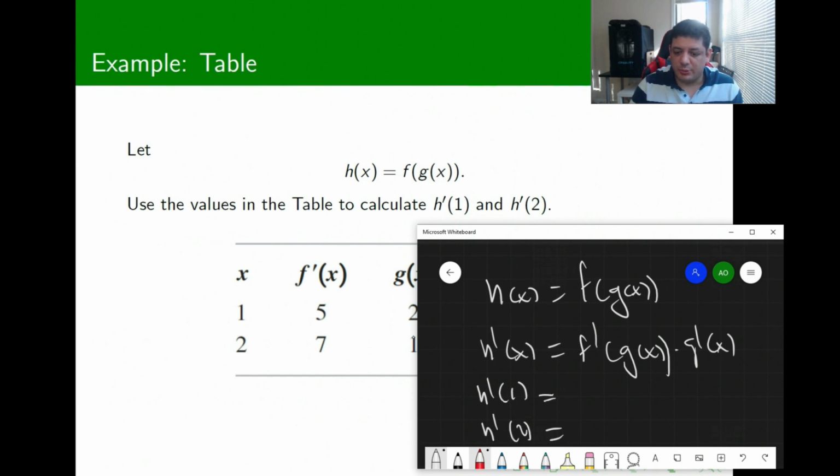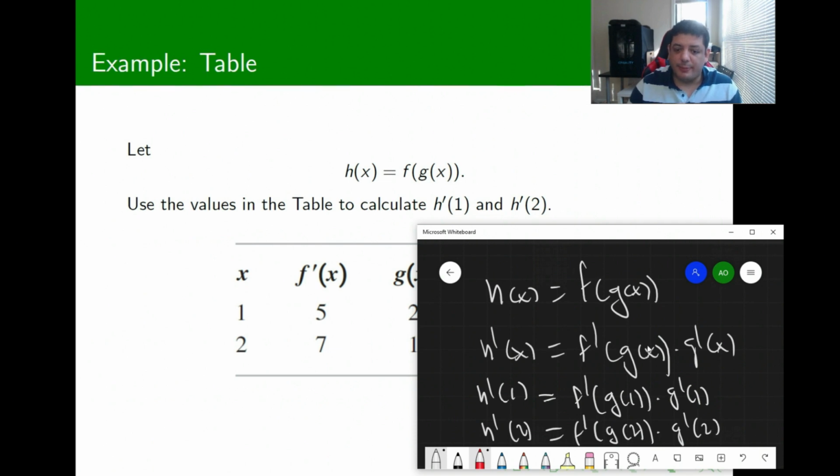If we do h prime of 1, essentially what we're doing is f prime of g of 1 times g prime of 1. And similarly, if we're doing h prime of 2, we're doing f prime of g of 2 times g prime of 2.